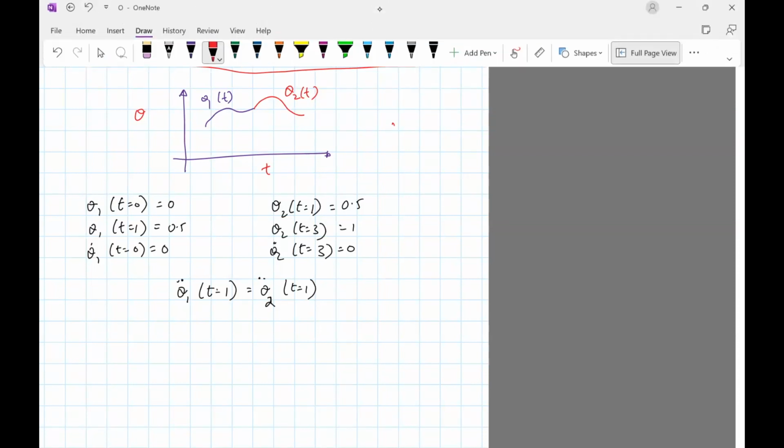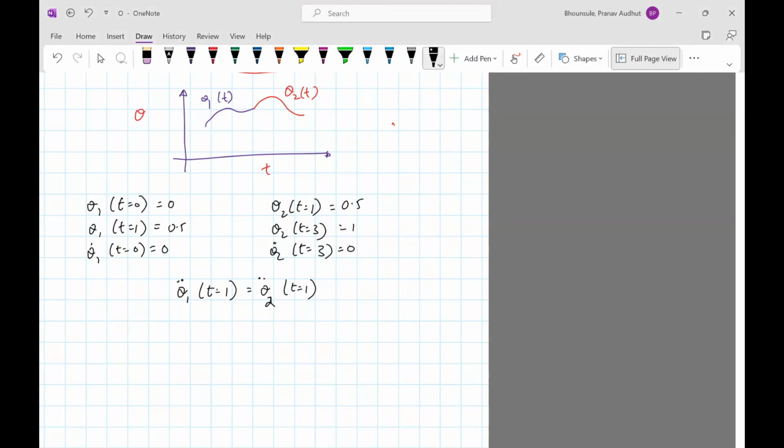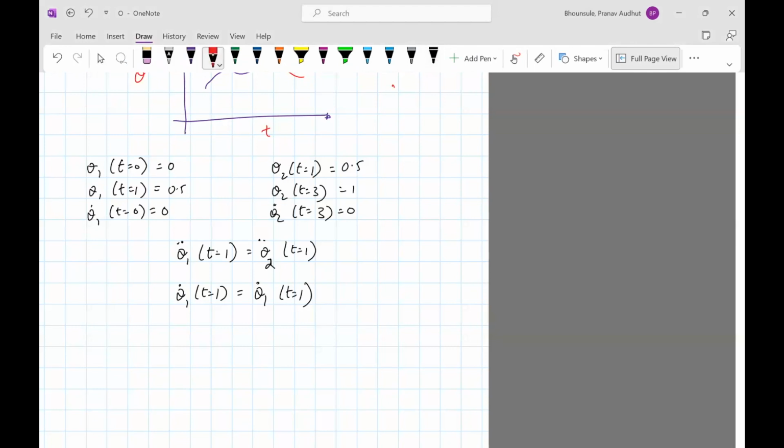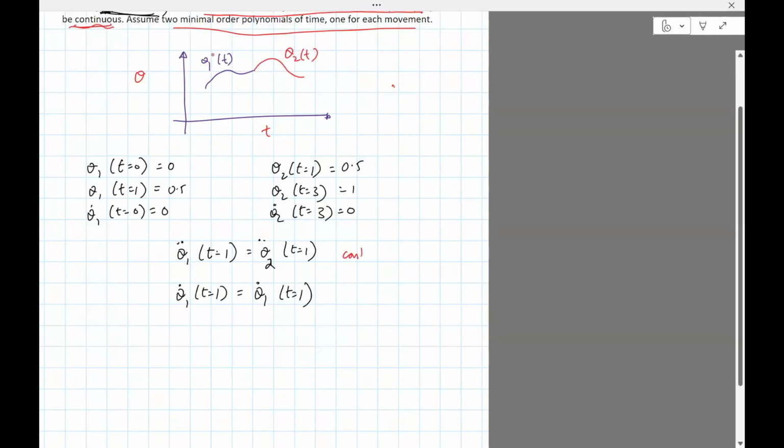Now, if you want to have the acceleration to be continuous, you also need to ensure the velocity is continuous. So theta 1 dot at t equals 1 should equal theta 2 dot at t equals 1. So this is continuous acceleration and continuous velocity.